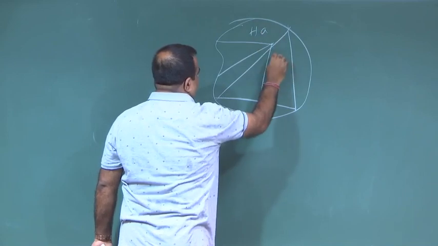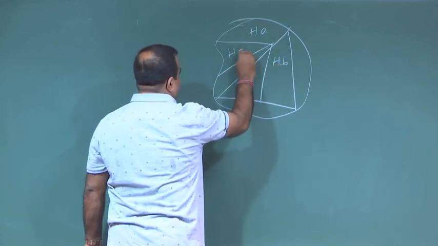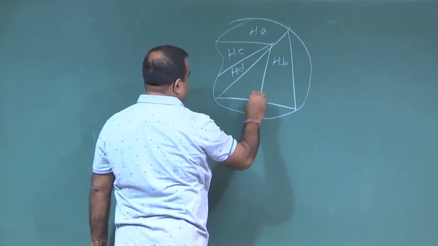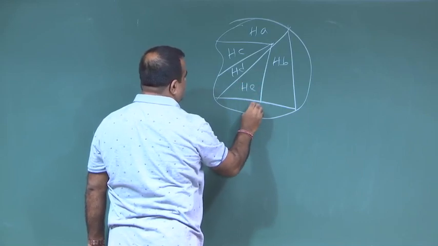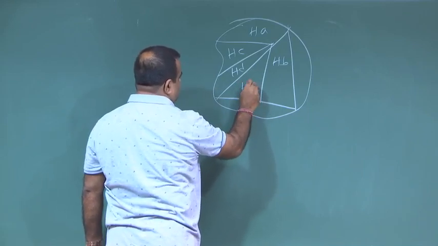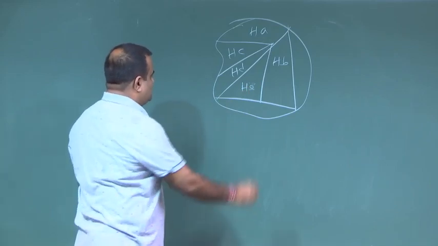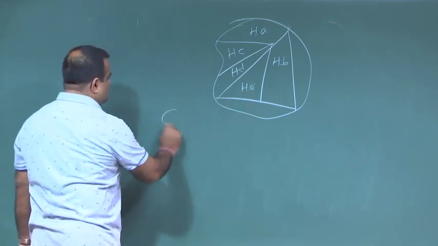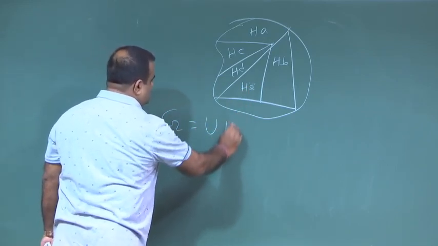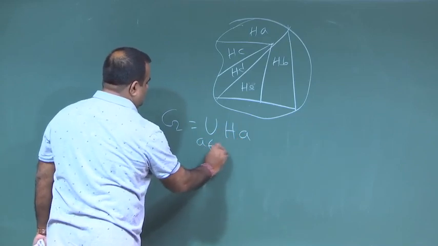So, H of A, H of B, H of C, H of D like this, H of E, where E is the identity, that is basically H. So, G is nothing but the union of this partition.